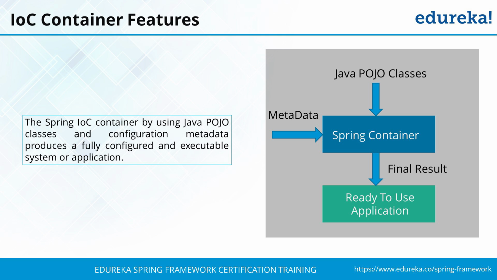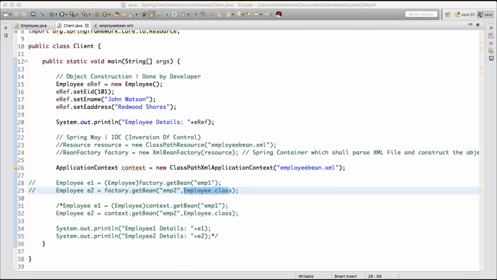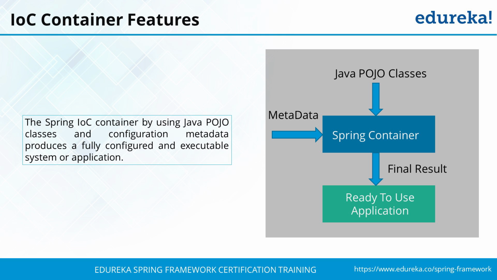So what we do, we give the metadata and the POJO information to the Spring container, right? So if you can notice over here, what we have given, we have given the XML file that's like metadata, and we are mentioning what is the type, right? So the information is given to the Spring container, and the final result will be that you will be having the object which you can use in your application, right?